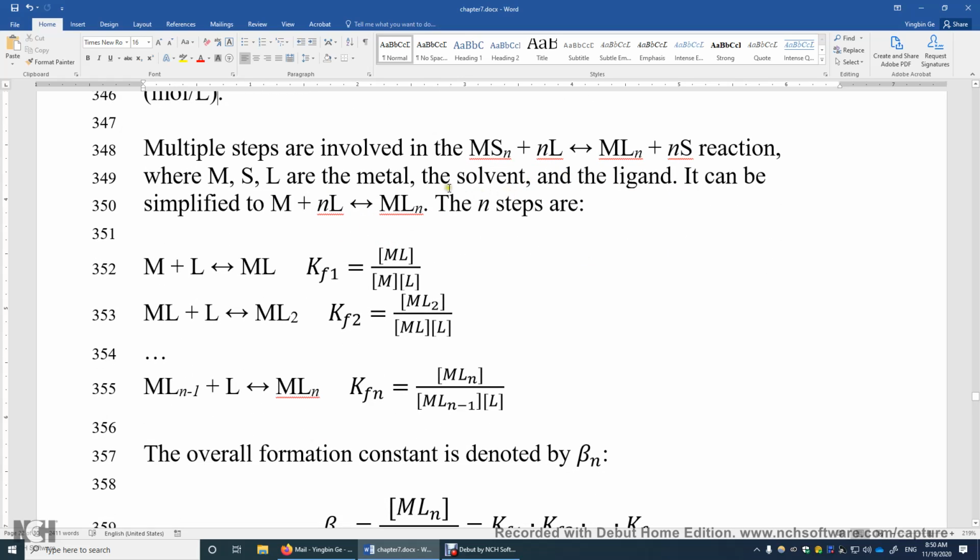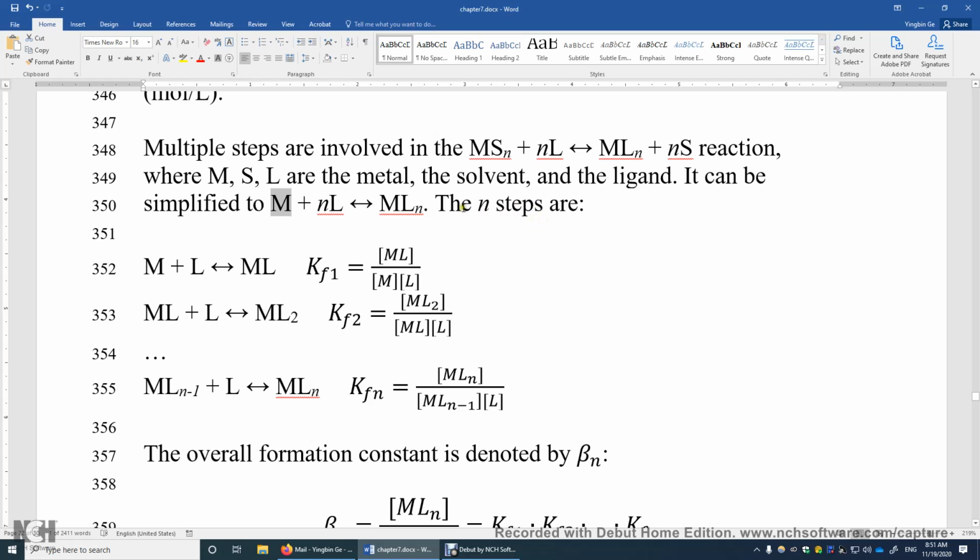It can be simplified to this if we neglect the formulas or notations for the solvent. But you always need to keep this in mind when you see this kind of reaction. This M is bonded to the solvent molecules. And by forming new bonds with the new ligands, small solvent molecules are released.